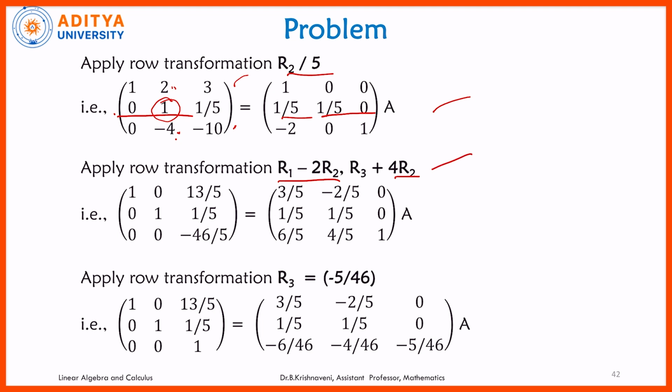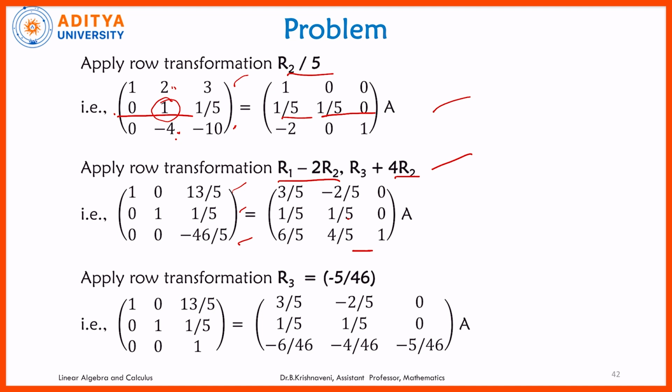If you perform these operations, the above equation is given by 1, 0, 13 by 5, 0, 1, 1 by 5, 0, 0, minus 46 by 5 is equal to, the same operation applied on the prefactor, then we got 3 by 5, minus 2 by 5, 0, 1 by 5, 1 by 5, 0, 6 by 5, 4 by 5, 1 into A.